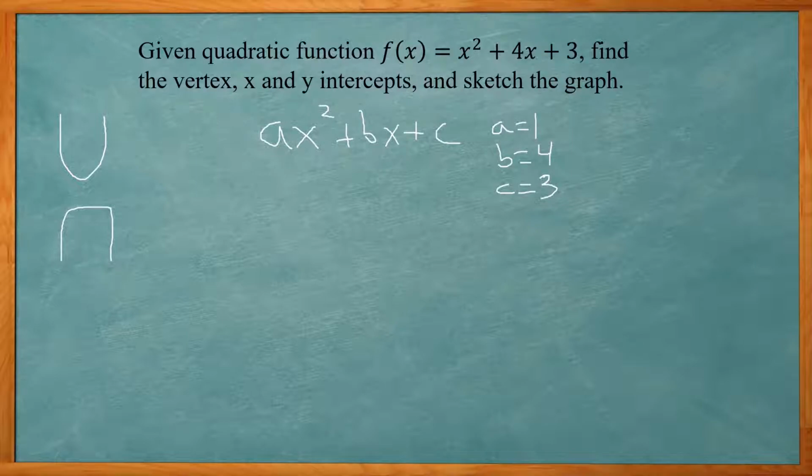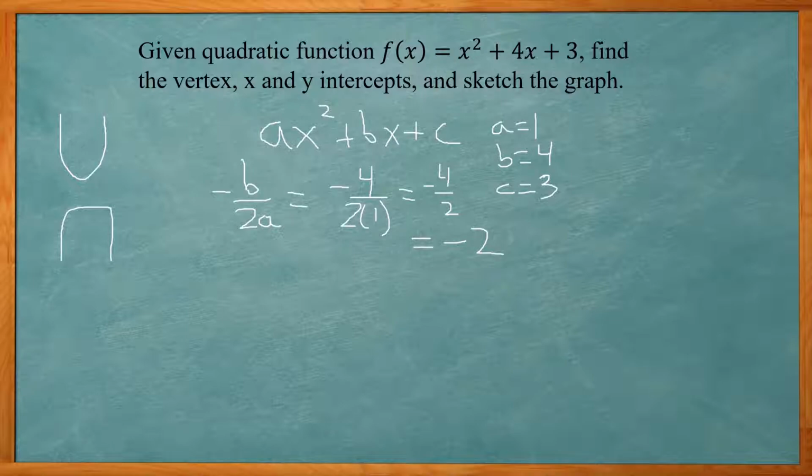Now to find the vertex, first you want to find negative b over 2a. Remember, b was 4 and a was 1. So it's going to be negative 4 over 2 times 1, which is just negative 4 over 2, which reduces down to negative 2.